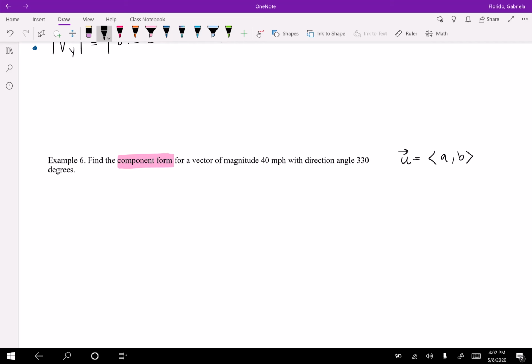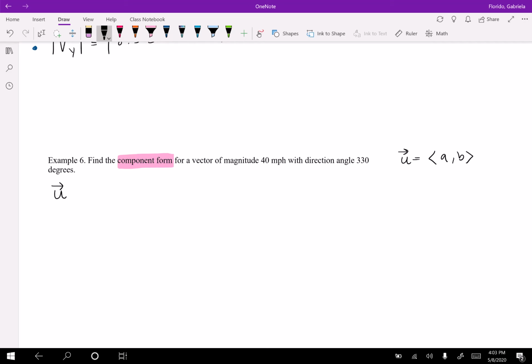All we're given is that the magnitude is 40 miles per hour and the direction angle is 330 degrees. They're not telling us what the vector is called, so let's call it vector u. There's different notation for vectors here.